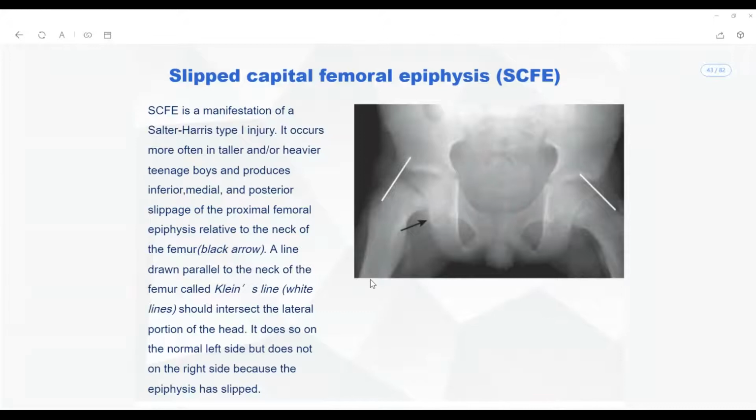Okay, so how can we confirm this? We can also confirm this clinically by doing a Trendelenburg's test, right? Last time I showed you, this displacement is happening by the adductors. Sorry, abductors. When compared to the left side, there is an angulation present laterally and superiorly. So what are the muscles that cause such a movement here?